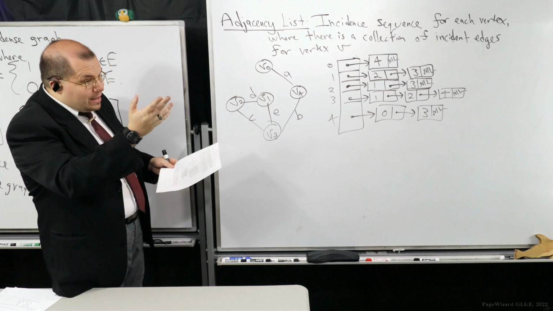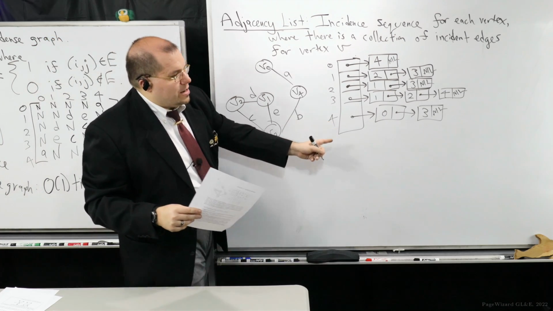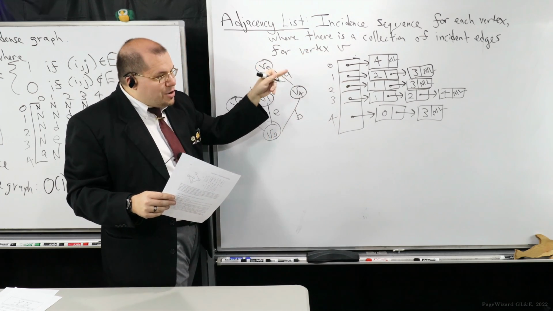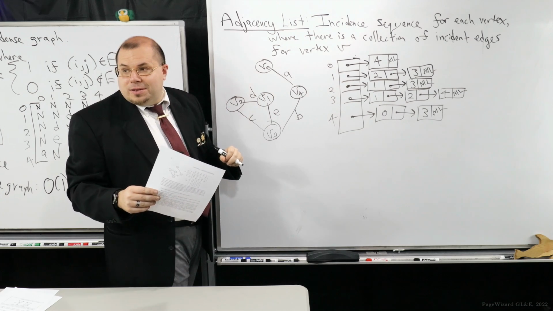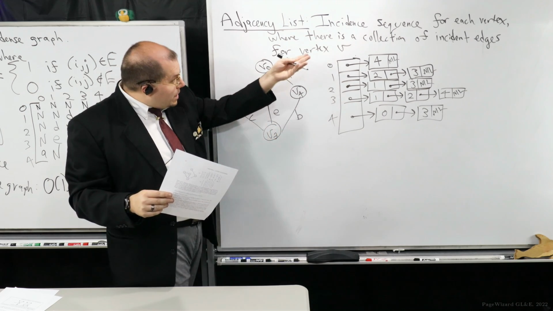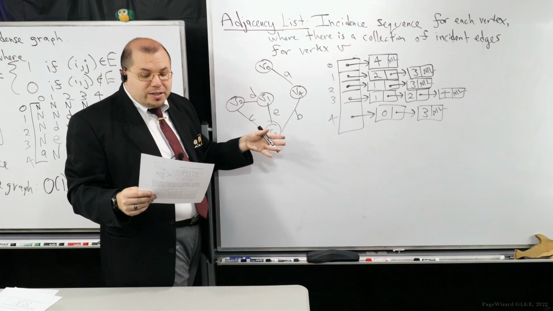Naturally, you can extend this into a primary data structure that is a list or some structure that allows you to index in like this, similar to a map. For each one of those, we'll have a secondary data structure, which could be some collection of incident edges, of your choice.